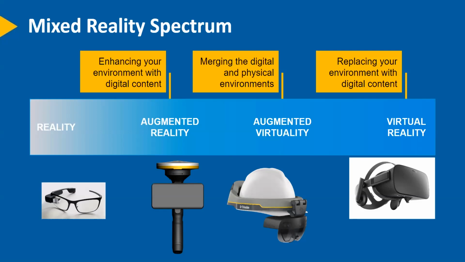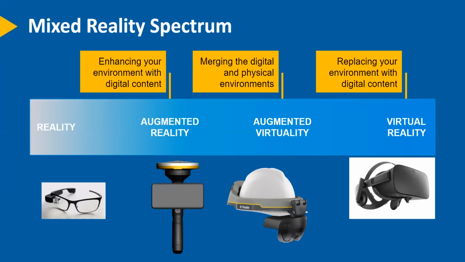And then fully on the right side of the spectrum is virtual reality, where your physical reality is completely replaced with digital content. So what we'll be focusing on today is specifically augmented reality, where we're really taking a view of the real world and overlaying digital content that enhances our experience in that realm.